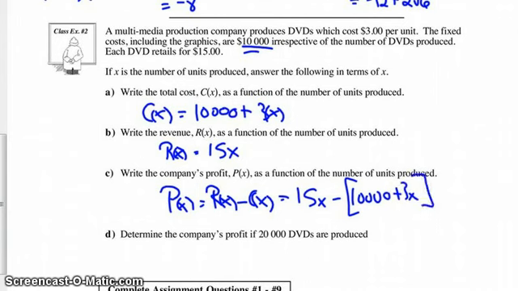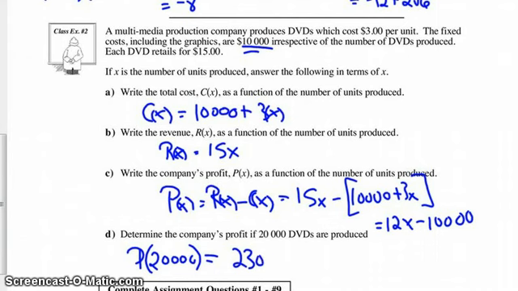And that would clearly give us 12x minus $10,000. And the question is, determine the company's profit for 20,000 DVDs produced. Well, clearly, we just want to find profit when we substitute in 20,000. And when we do that, we get a total of $230,000 in profit.